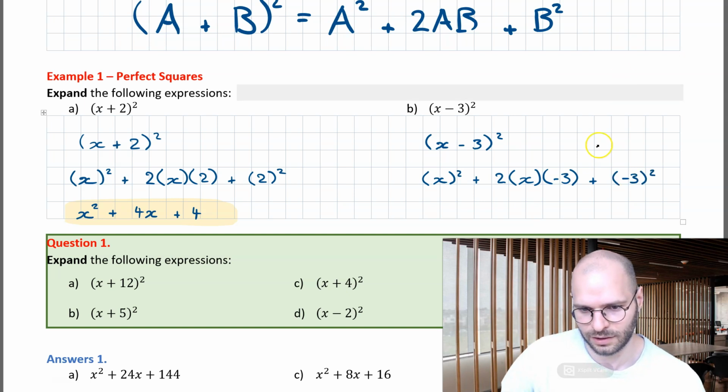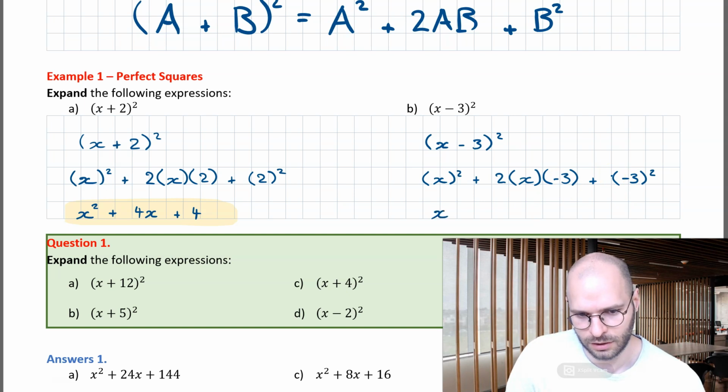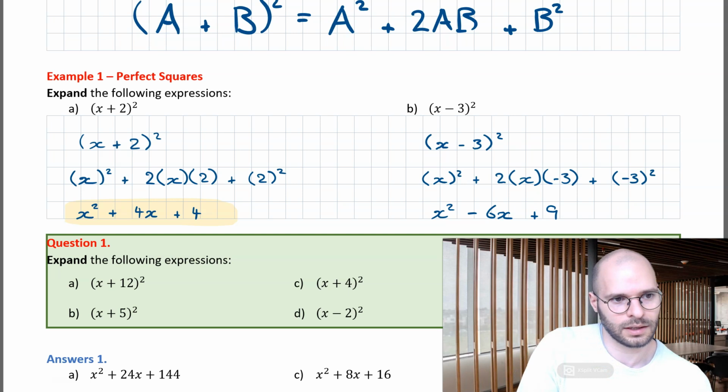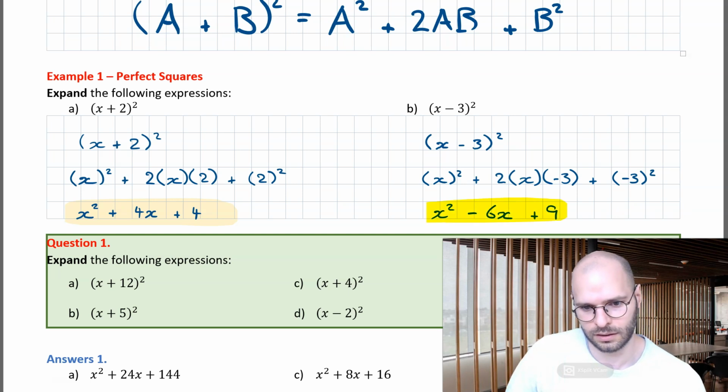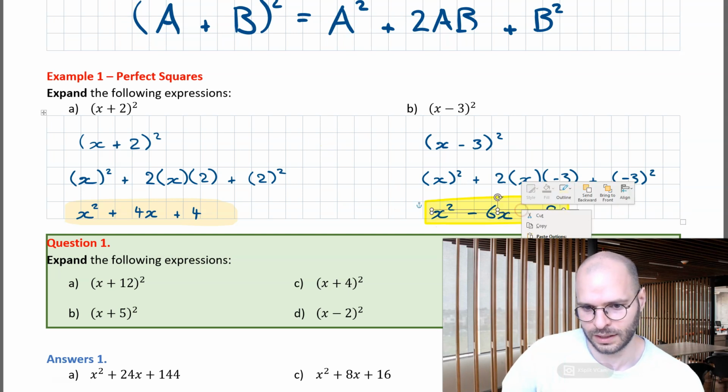If I use the brackets like this, I won't accidentally reverse one of the negative symbols or forget it. Next, I'll do the actual multiplication, so that's x squared. I've got 2 by 3, which is 6, but one's negative, so it's minus 6. And then minus 3 times minus 3 is just 9. And thus we complete our second example in example 1.